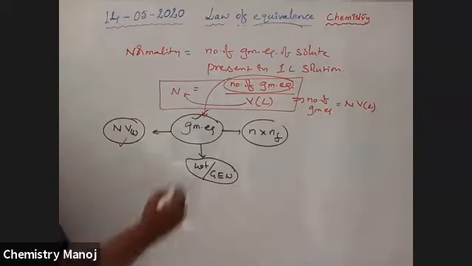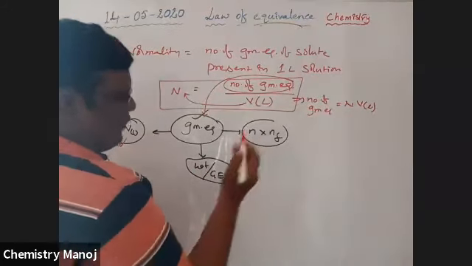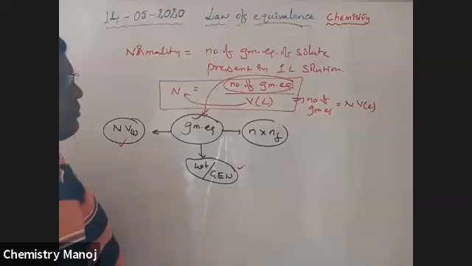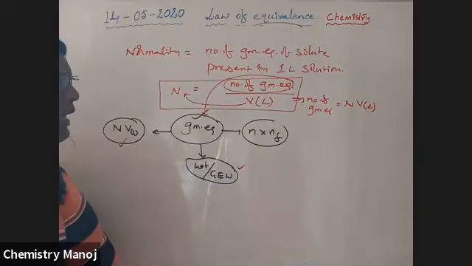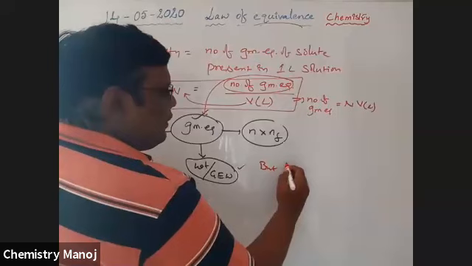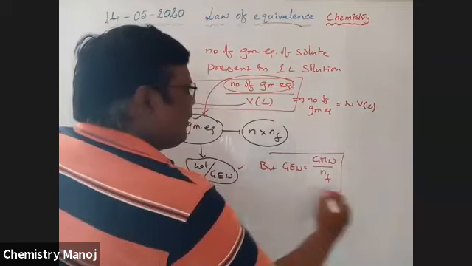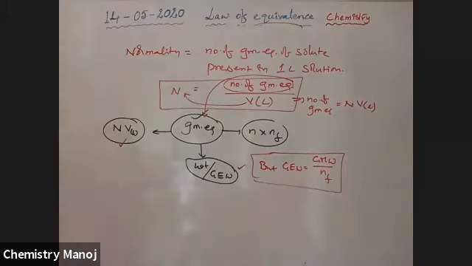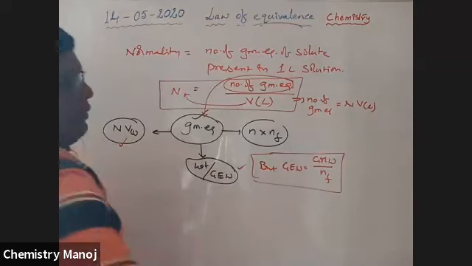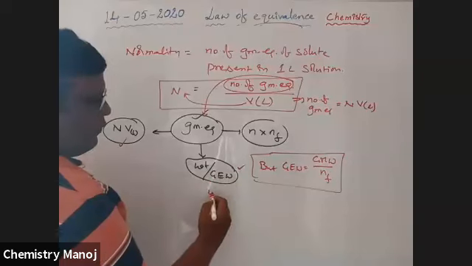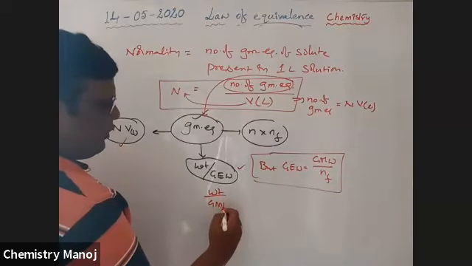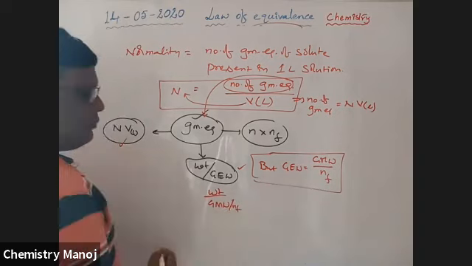Okay, so number of gram equivalents is also calculated as weight of the substance by gram equivalent weight of the substance. But gram equivalent weight is equal to gram molecular weight by n factor. This was our yesterday's topic. So I replace gram equivalent weight by gram molecular weight by n factor.